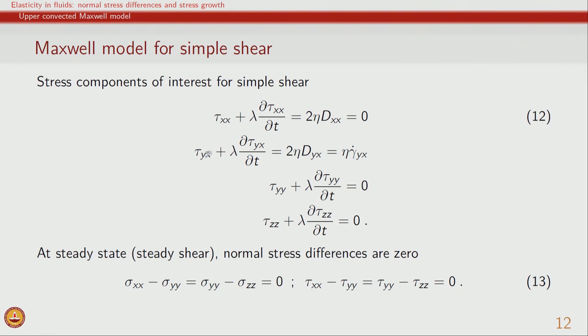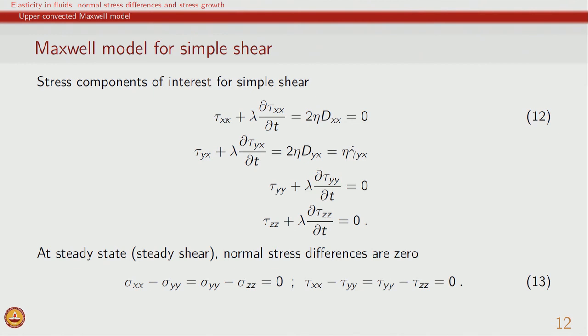Basically, we will have tau xx, similar to the tau yx term here, then the rate of change of tau xx with time, similar to the tau yx rate of change with time, multiplied by of course the relaxation time lambda, and then the right hand side is 2 eta times the strain rate tensor component.